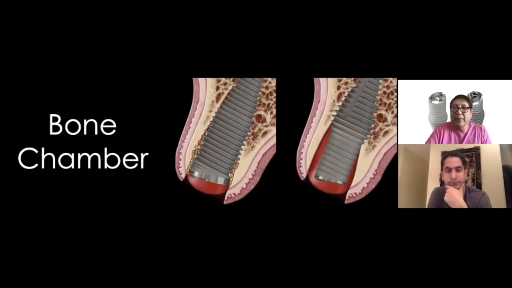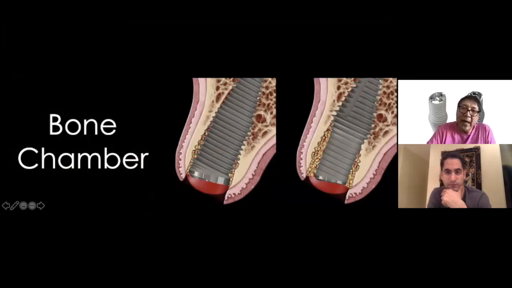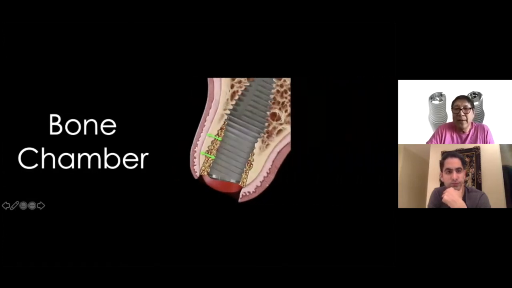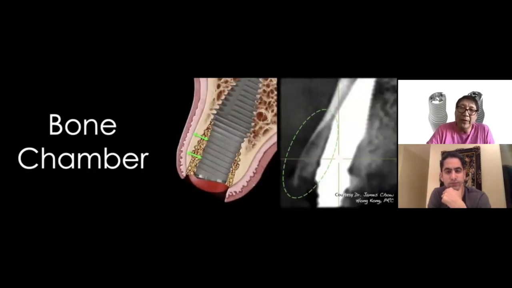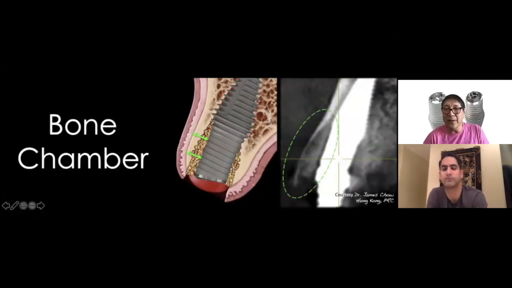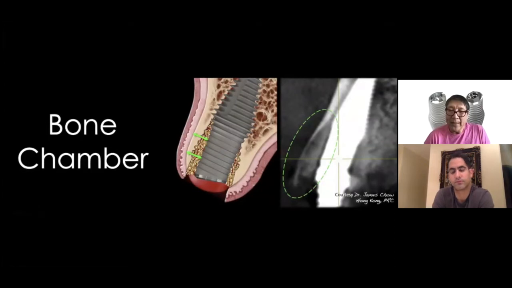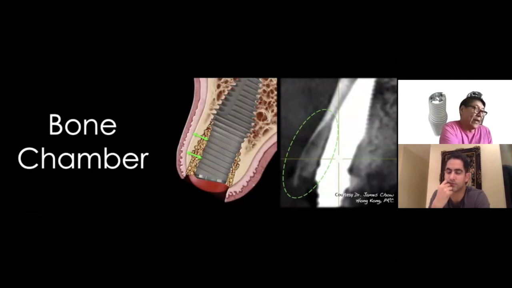Again, you would have a greater amount of bone reformation, a greater gap for grafting, and the ability to enhance your buccal plate thickness over, say, conventional tapered implant designs. And this is just one example of what it would look like. This is from James Chow in Hong Kong. As I mentioned, James did some of the studies on the dimensions of where the bone is relative to the apical portion of the area.